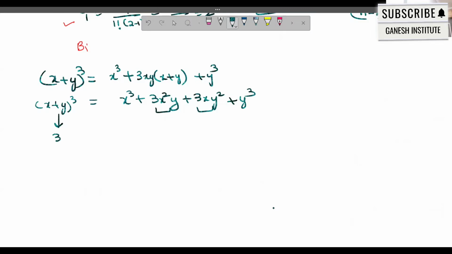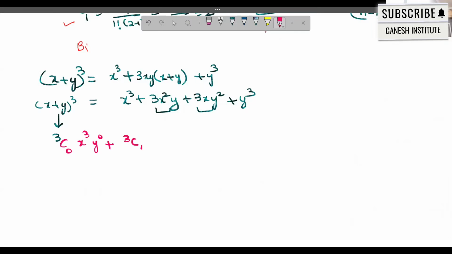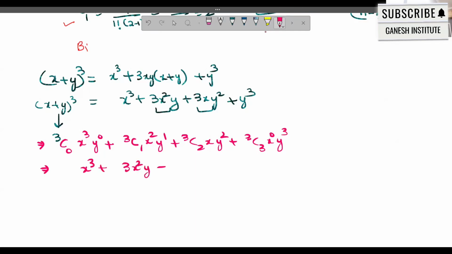3c0 into x raised to 3 into y raised to 0. That is going to give us 3c0, which is equal to 1. 3c0 is 1.